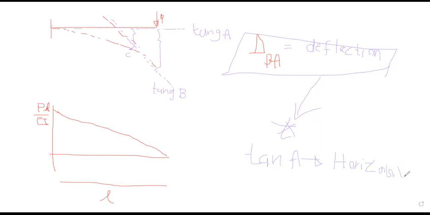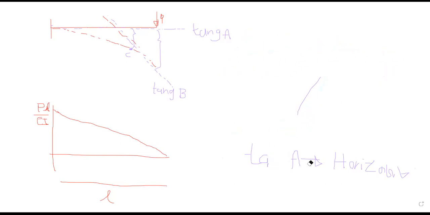One tangent is horizontal, then from the horizontal to the elastic curve gives you the deflection, right? So it's pretty straightforward. So you can just take here, delta BA.